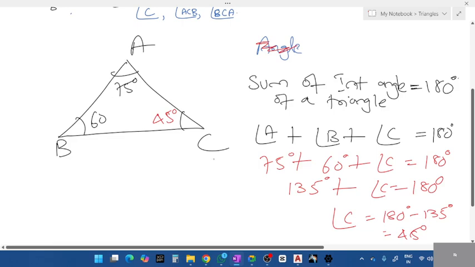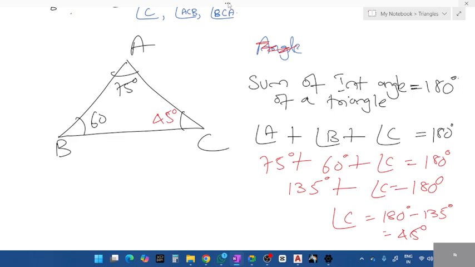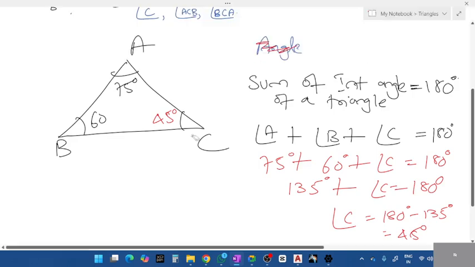Is it clear? 45, 135, 180. Yes, correct. If one angle is missing, we use the sum of interior angles concept.